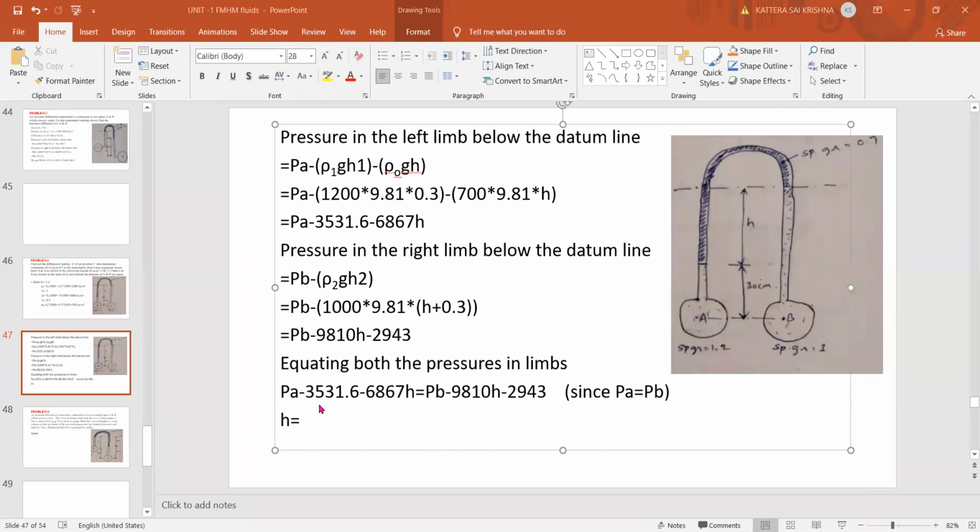Sir, H is equal to 0.2 meters. Good. You can write it as 20 centimeter also. 0.2 meter you are getting from the calculation. You can keep it as it is, or write it as 20 centimeter. Both are correct answers.